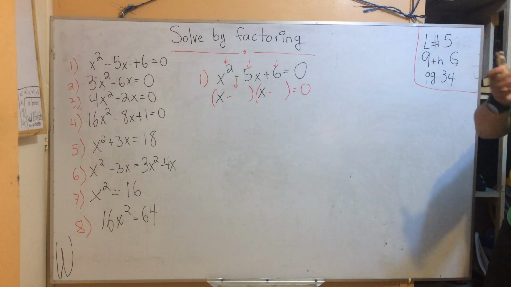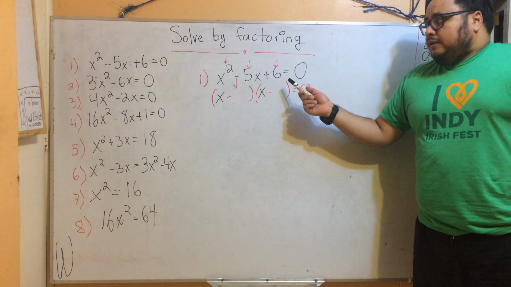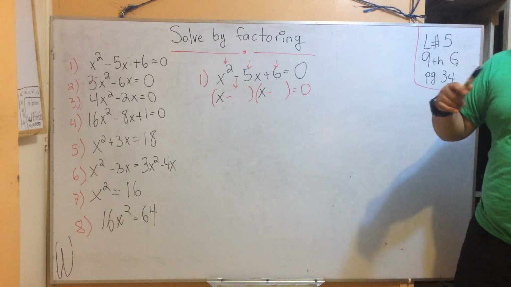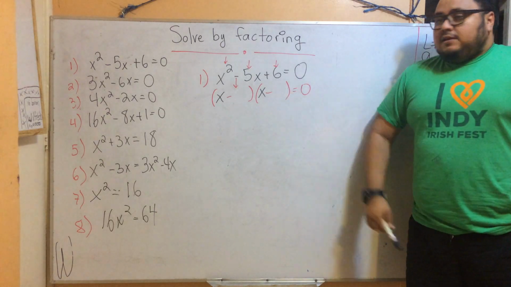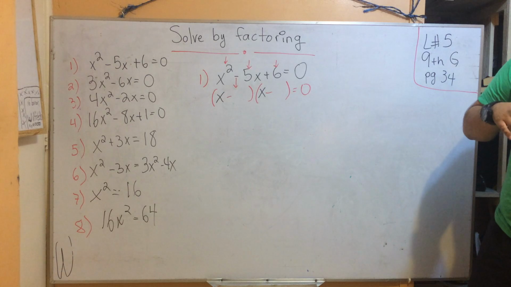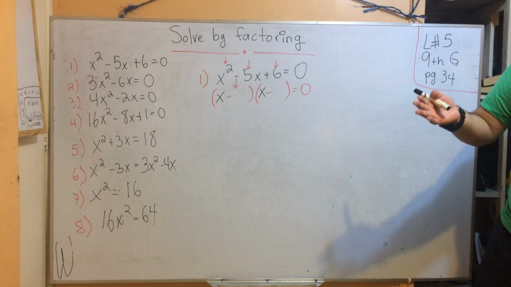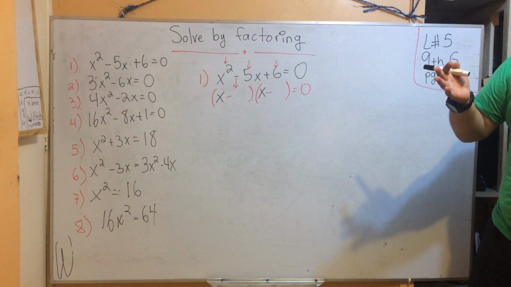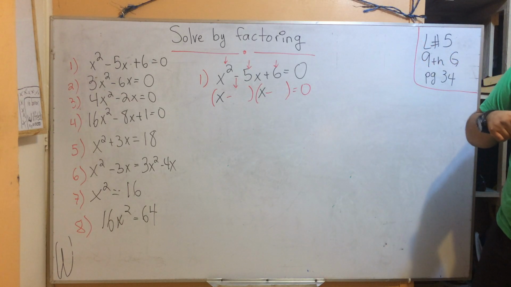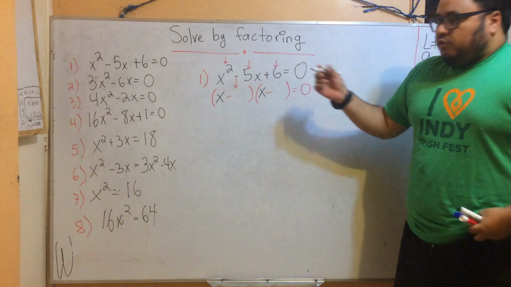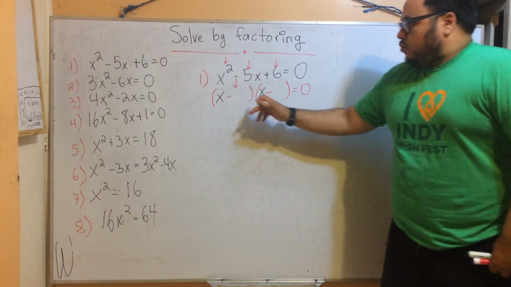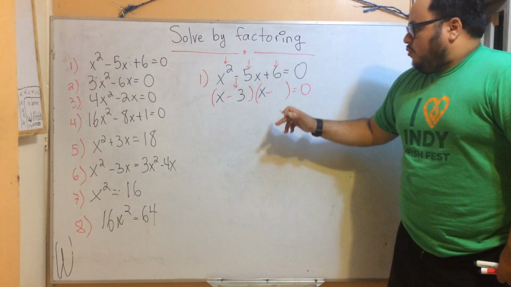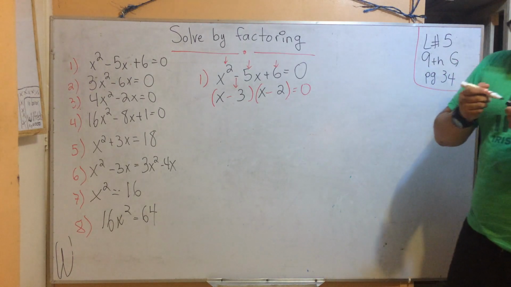So let's think about these numbers. Multiplied, what numbers can we multiply that are going to give us 6? It can be 6 and 1. 6 times 1 is 6. Or we can have 3 times 2 is 6. So let's try it with 3 times 2.